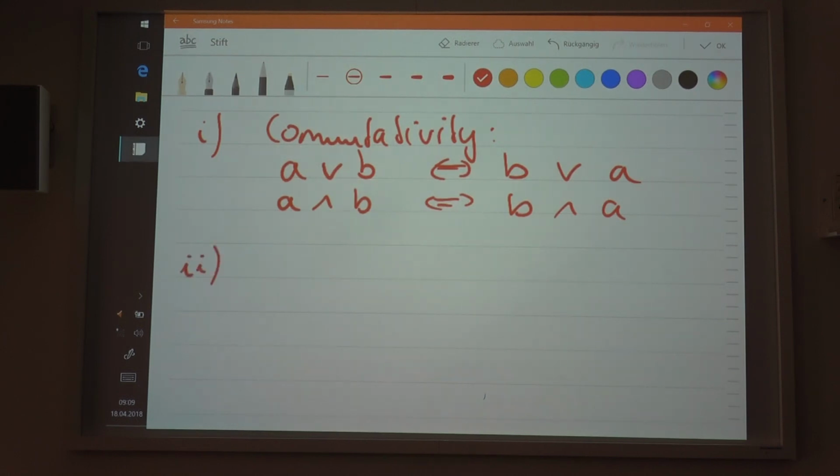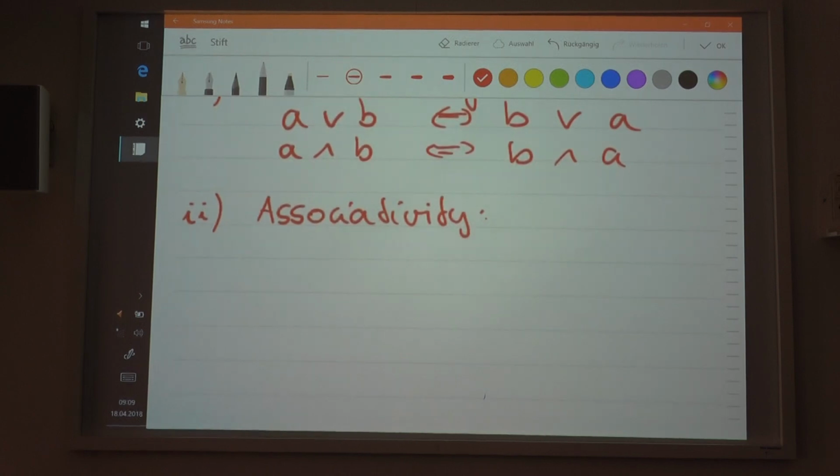Now, you also have associativity. Associativity means that you can use parentheses wherever you like. For instance, suppose that you perform this operator multiple times.